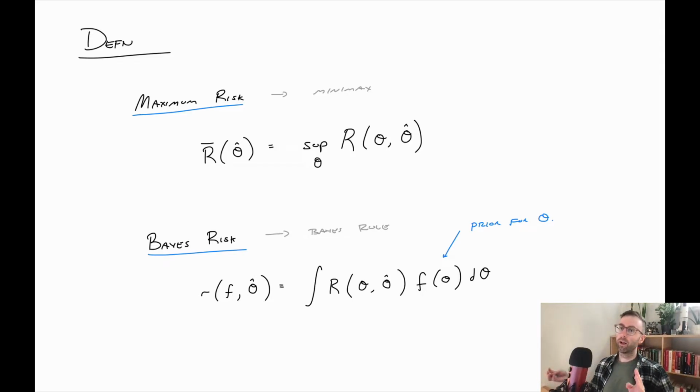So maximum risk only considers the worst case scenario, whereas Bayes risk averages over all possible scenarios. And the estimator that minimizes the Bayes risk is called the Bayes rule. Again, we're not going to go into deriving all these things, but in the reading there's a lot more depth here. I'm just trying to introduce the very basic concepts.